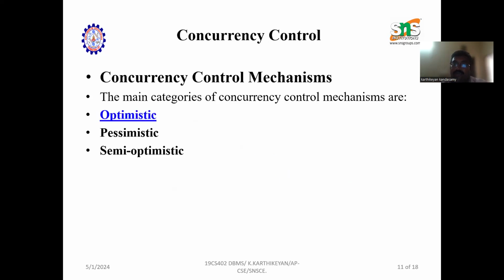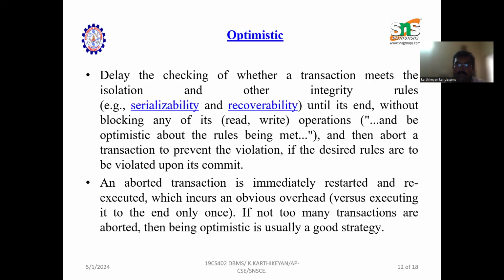So concurrency control, we have three mechanisms: optimistic, pessimistic, and semi-optimistic. First, optimistic delays the checking of whether the transaction meets the isolation or integrity rules, for example serializability and recoverability, until it is committed, without blocking read and write operations. It is optimistic about the rules being met, and aborts the transaction to prevent a violation.